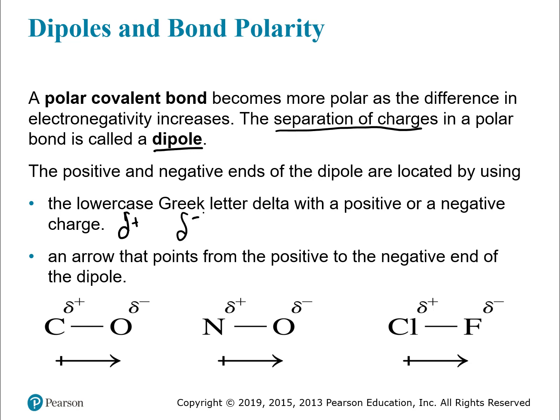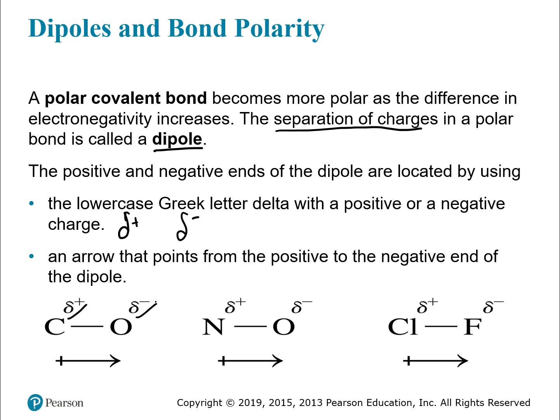We use the lowercase Greek letter delta. And the atom that has the lower electronegativity gets labeled with the delta and the plus sign. And the one with the higher electronegativity gets the lowercase delta with the minus sign.